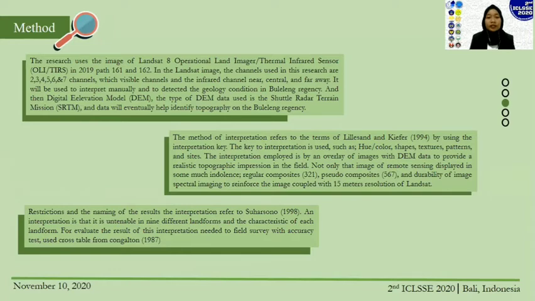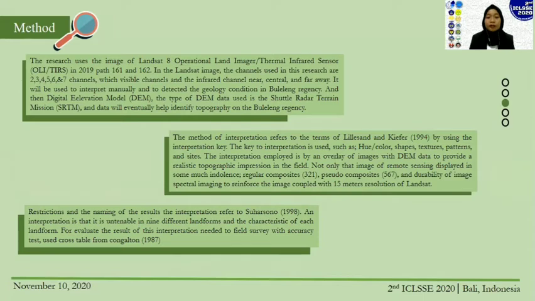The method of interpretation refers to Lillesand and Kiefer, 1994, by using the interpretation key. The interpretation keys used are hue or color, shape, texture, pattern, and size. The interpretation employed is an overlay of the image with DEM data to provide a realistic topographic impression of the field.